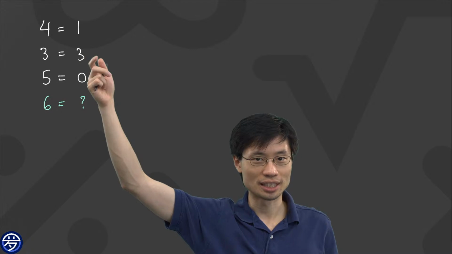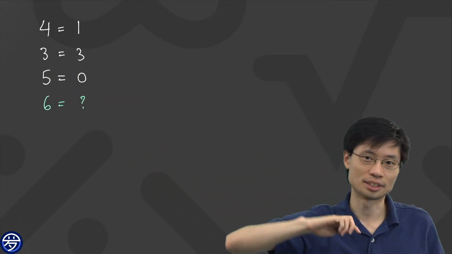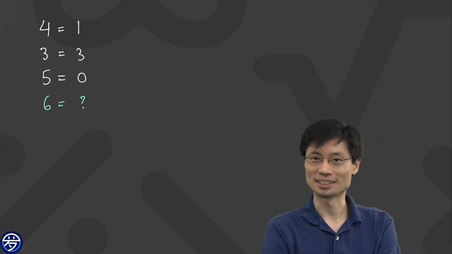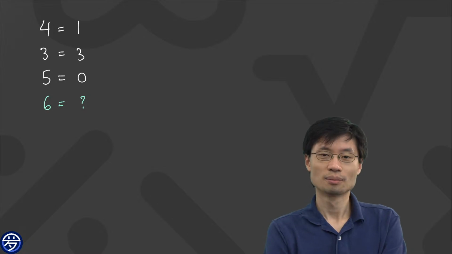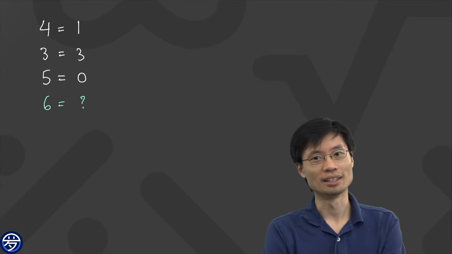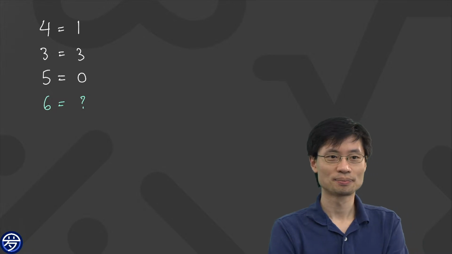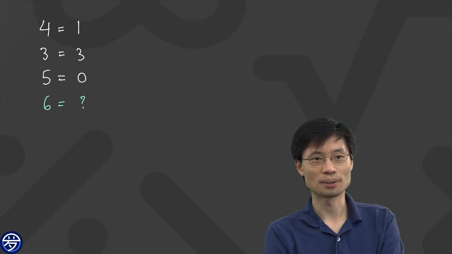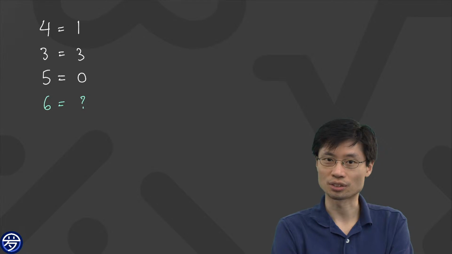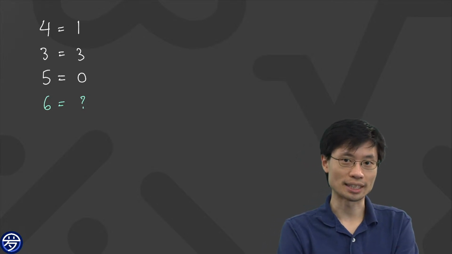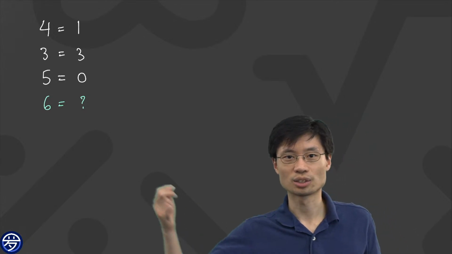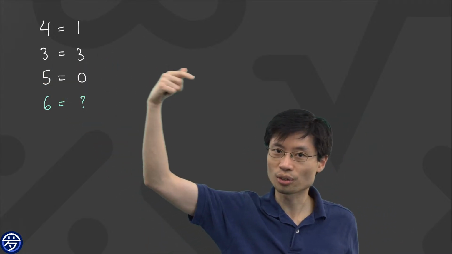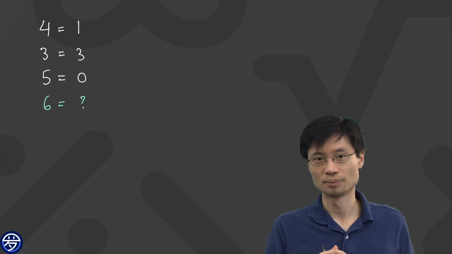I would flip them around and say 3 is 3, 4 is 1, 5 is 0. 3, 1, 0. What is this? Some people say, what if the keys are shifted in some funny way? But if the keys are shifted, why would 3 be 3? So I see some people saying we need to think of this as a function. So there's a 3, 4, 5, and 6. And there's a 3, and then a 1, and then a 0. So 3 goes to 3, 4 goes to 1, 5 goes to 0.